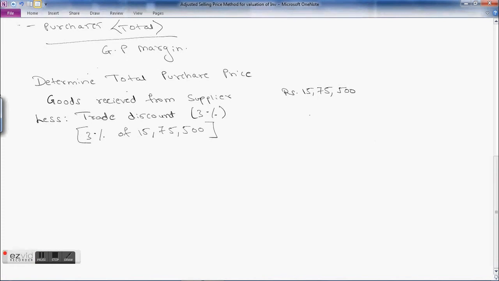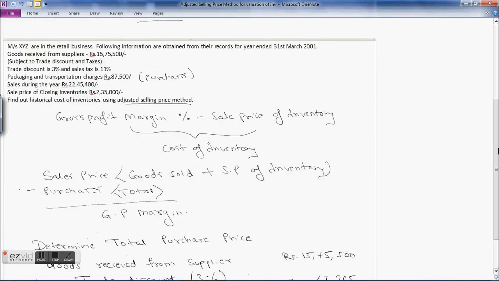So this comes to 47,265 rupees. So 15,75,500 minus 47,265, we get 15,28,235.